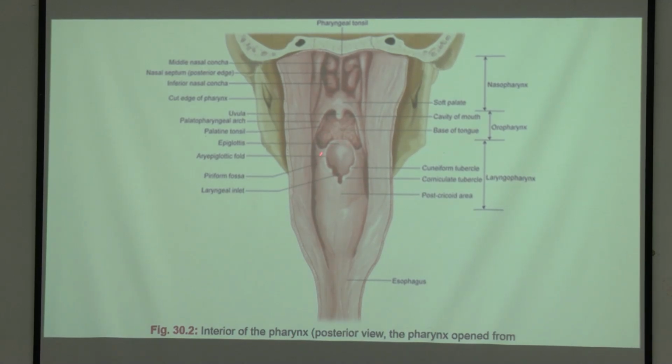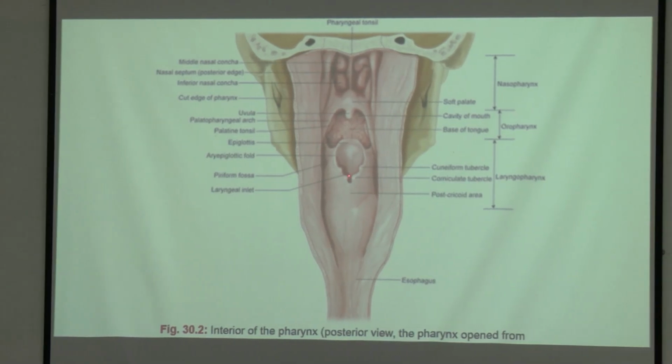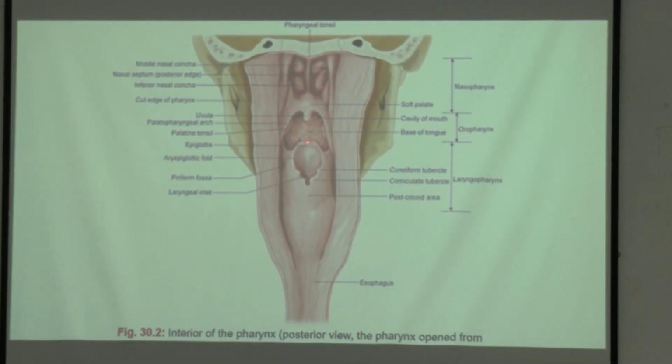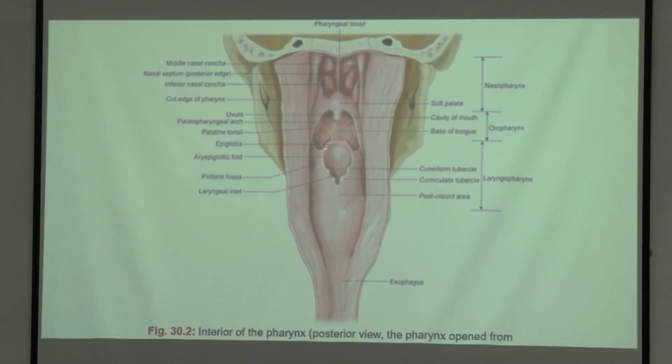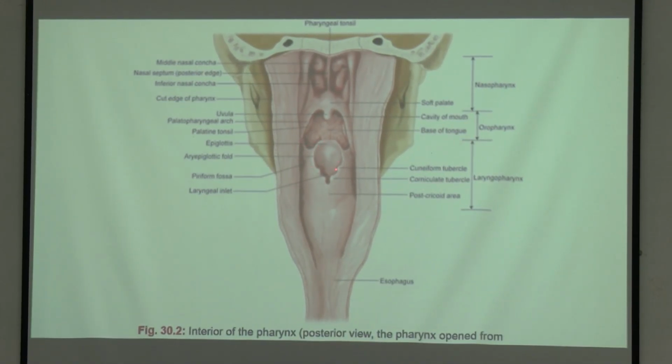Here we can find so many things, like the lower limit which is contributed by the cricoid cartilage, and above which we can get the arytenoid cartilage, and we can get two other cartilages, cuneiform and corniculate cartilage, and from here we can get a mucosal fold, which is continued up to the epiglottis, to the arytenoid cartilage, which is called the aryepiglottic fold.